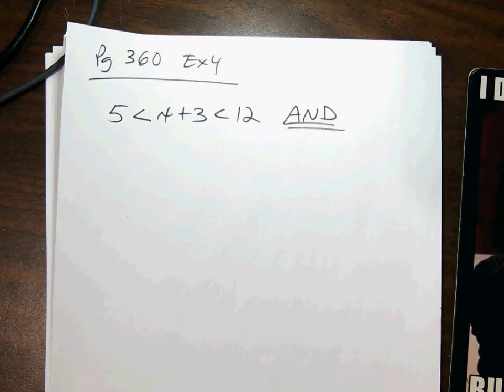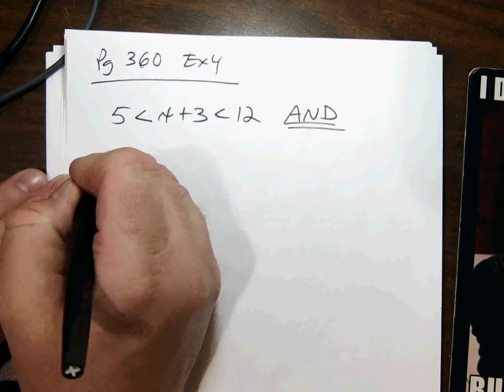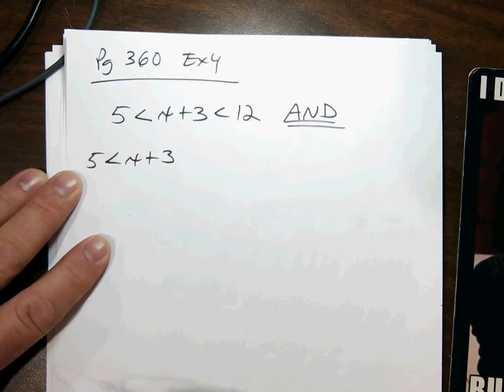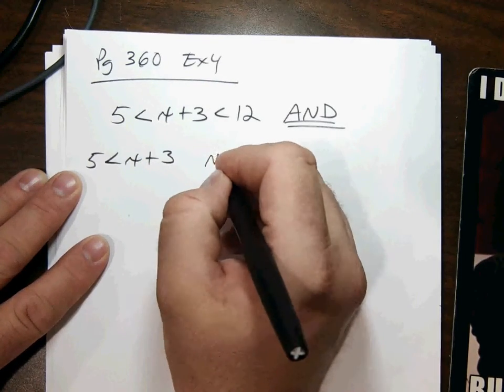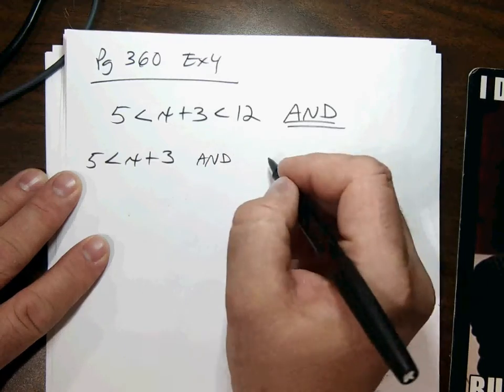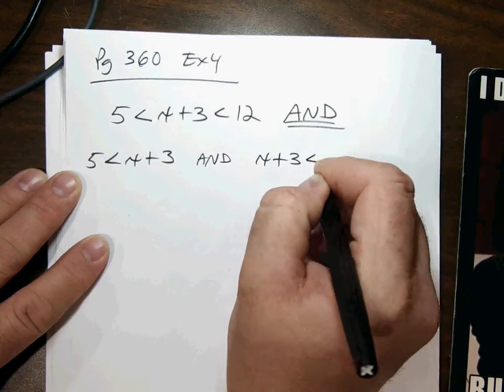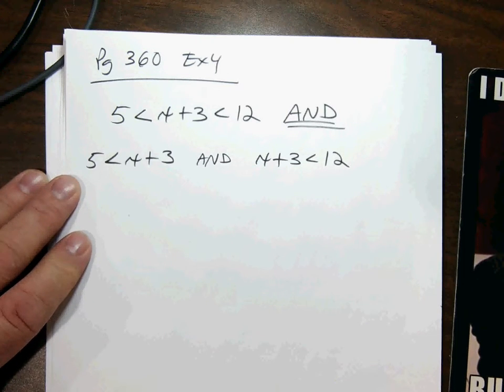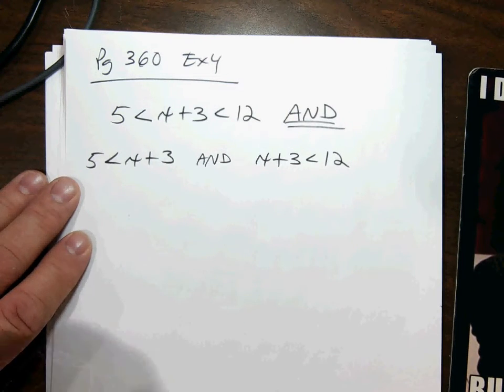Okay, now if it helps you, we could break it up into two completely separate problems. We could say this. X plus 3 is greater than 5, again reading it backwards, and we could write that word and. X plus 3 is less than 12. Okay, so you take it and break it up into two separate problems. And now we work them.